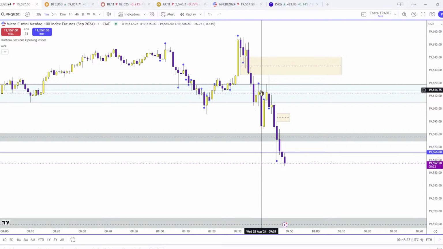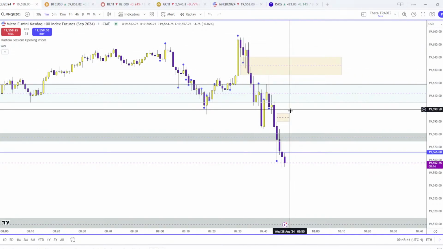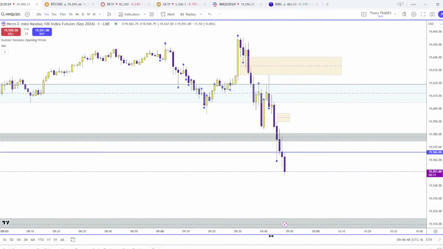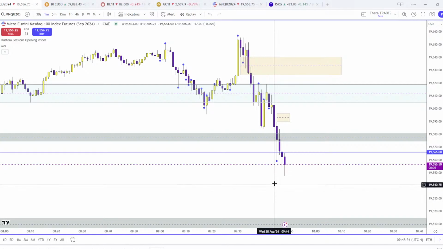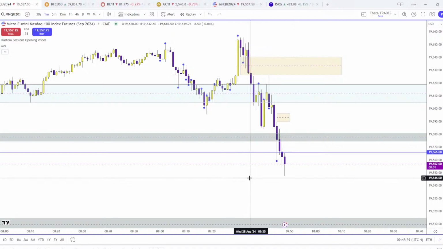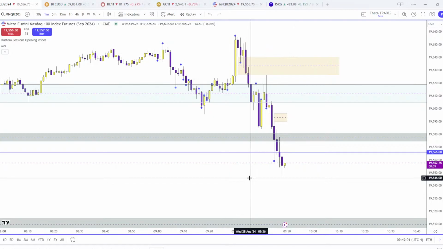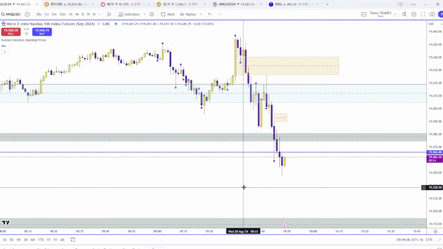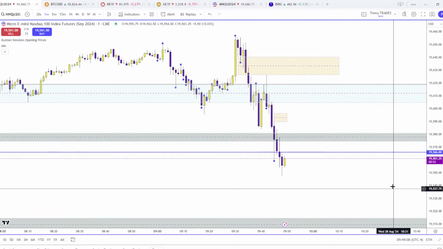Sounds good. Price went into the first fair value gap at 931, mentioned in Michael's lessons yesterday. Yeah, right through that. So keep your eye on 941.